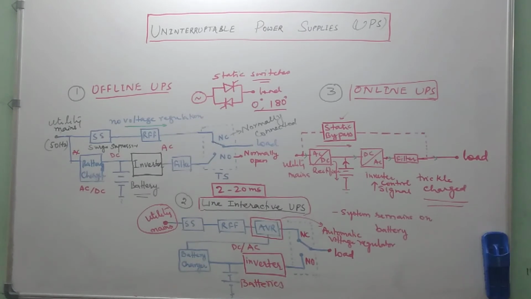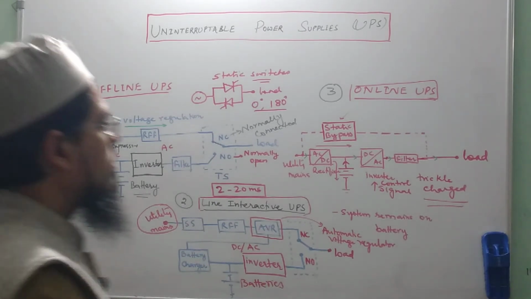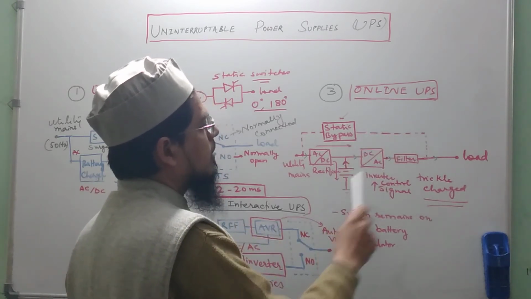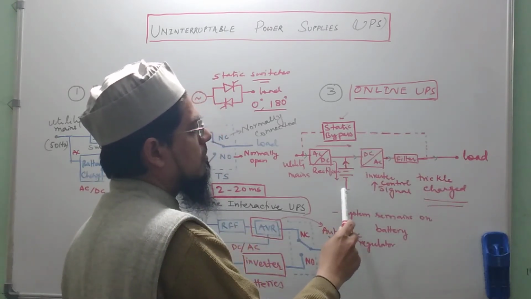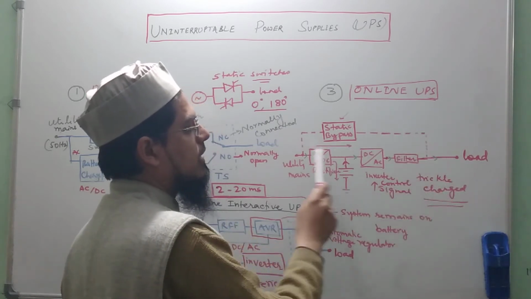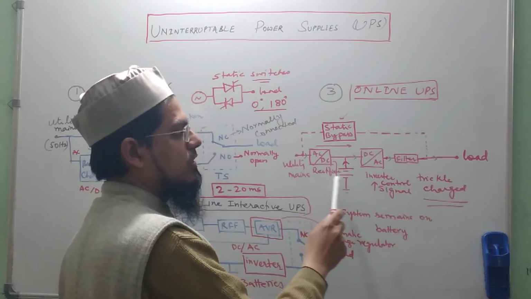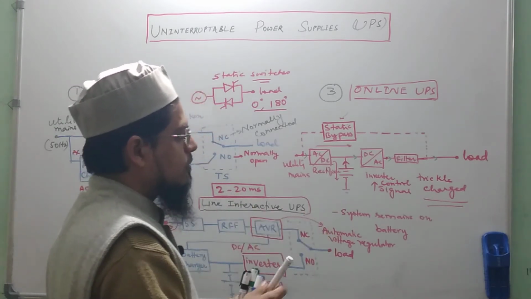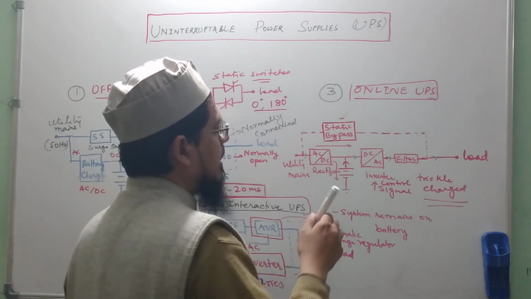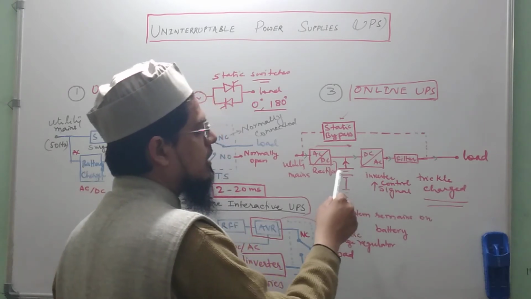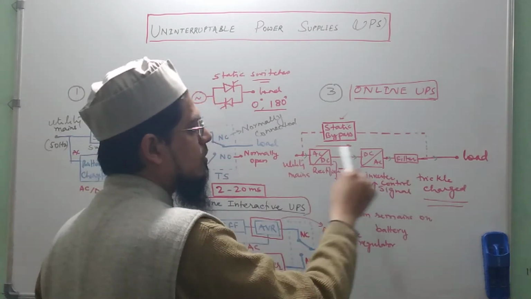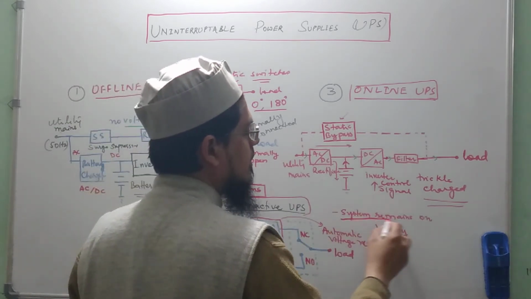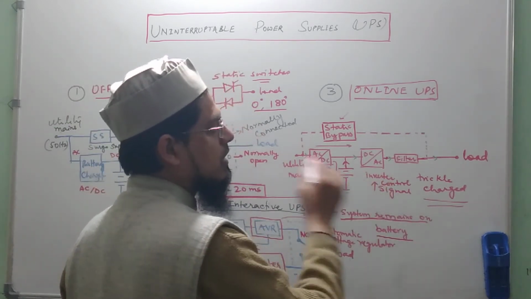Just a small correction here. Actually, in online UPS, the load is always being supplied from the battery. At the same time, the battery is also getting charged. So if the battery is always in operation, getting discharged and charged simultaneously, then the life of the battery reduces considerably.